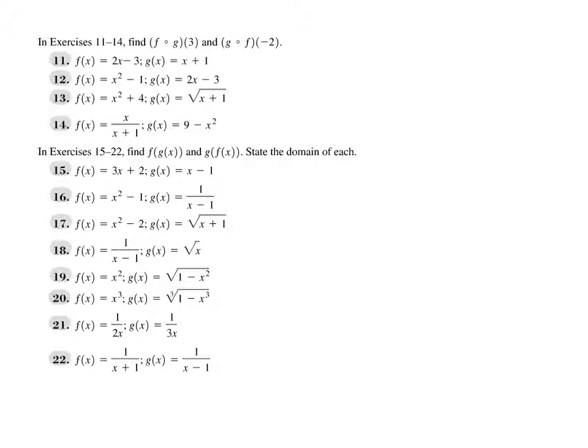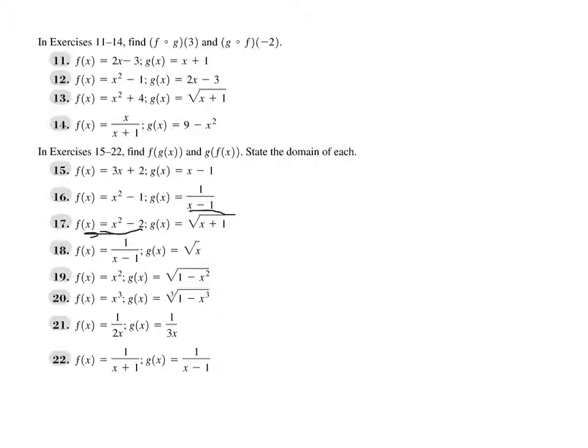Now they're asking us to find composite functions and then state the domain of each. Just like before, we have to be worried about the domain of the individual pieces. I'm going to do number 17, since this has in it what I want you to think about. The domain of that parabola, that quadratic function, is all real, so that's not the problem.